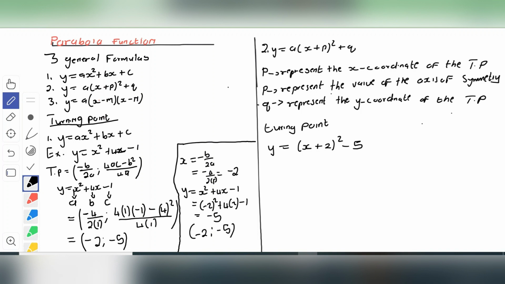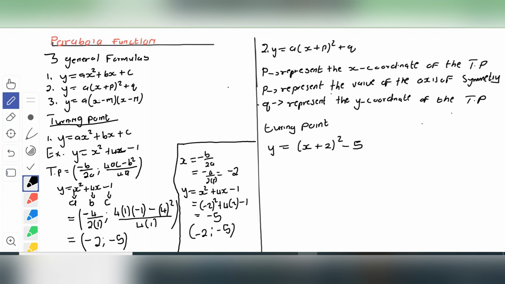This equation, if you complete the square using ax squared plus 4x minus 1, you are going to find these values written like this. From what I wrote here, p represents the x coordinate, and our p is 2, and our q is negative 5.